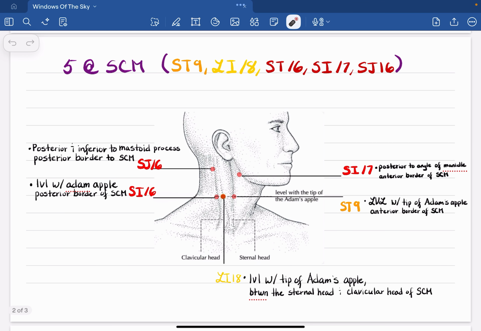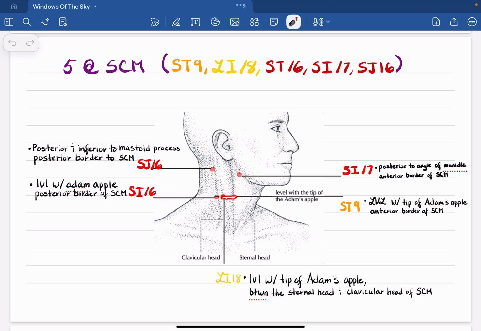See, as you know, this is the SCM area right here. If you learned all the locations of the points along the SCM, you can pretty much make your bet that all of them are there. So I'm going to try to go in order. LI18, at the large intestine, we learned LI18 is level with the tip of the Adam's apple. So we know the Adam's apple.